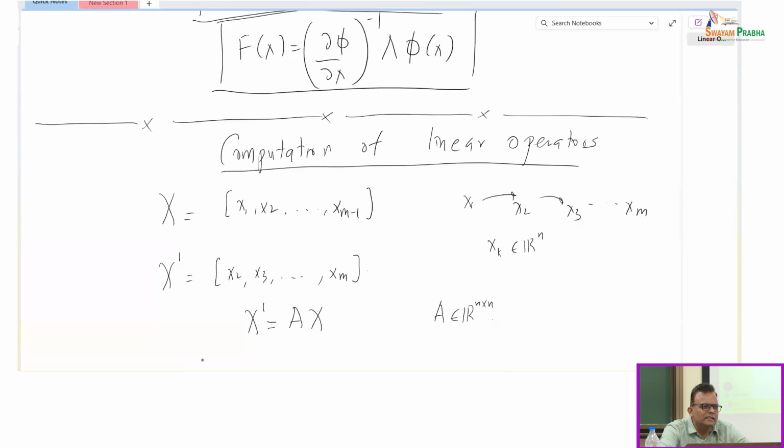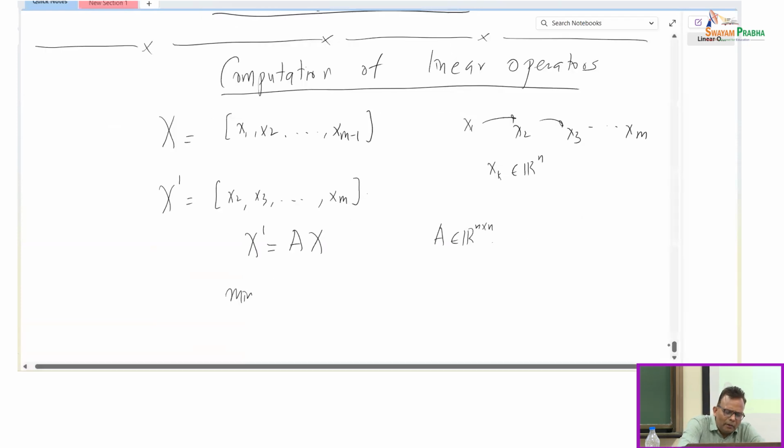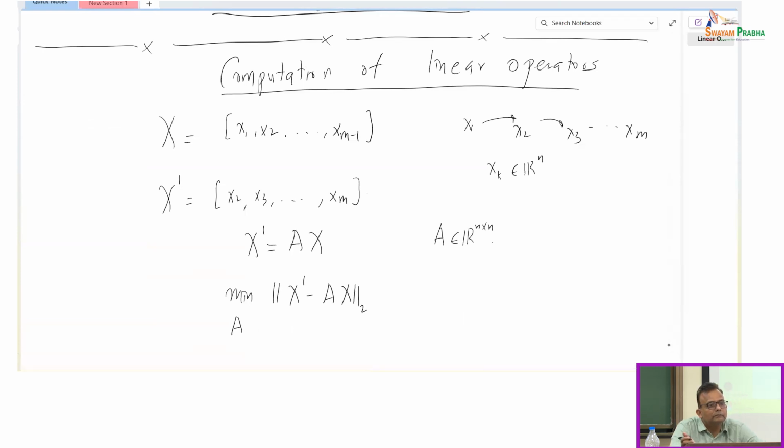Now you can write this as a least square problem. You may not be able to fit this exactly, so you write it as minimize over all A of the norm of X prime minus AX. This is a least square problem.